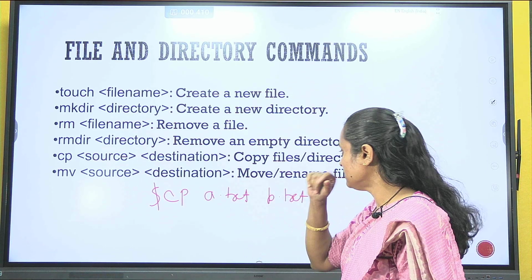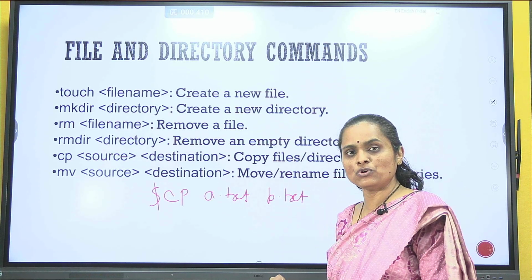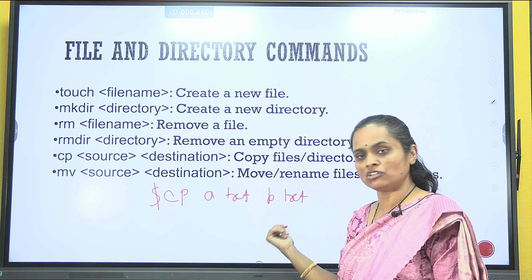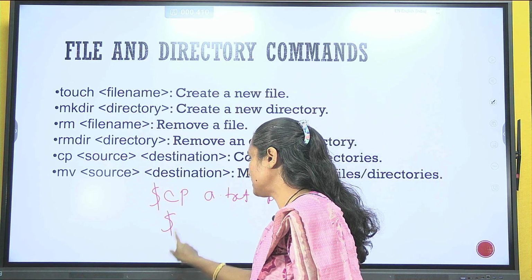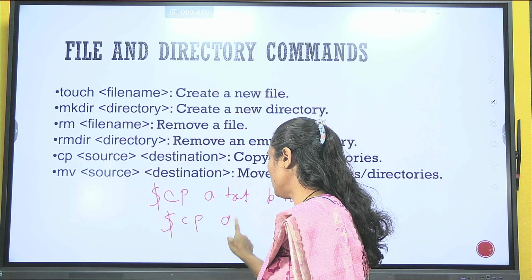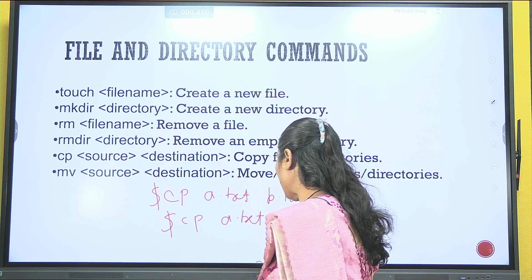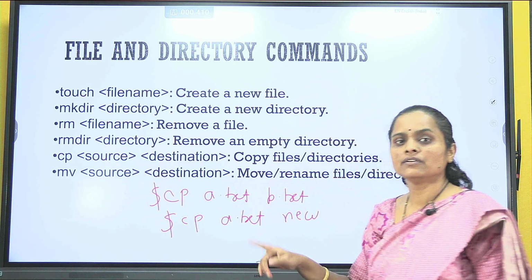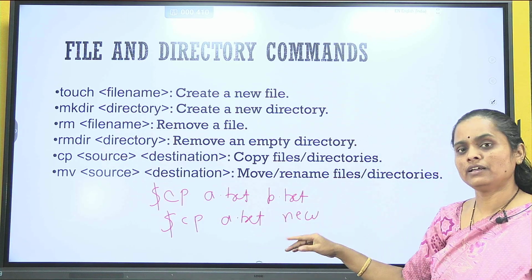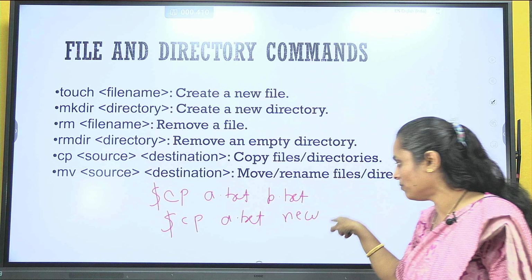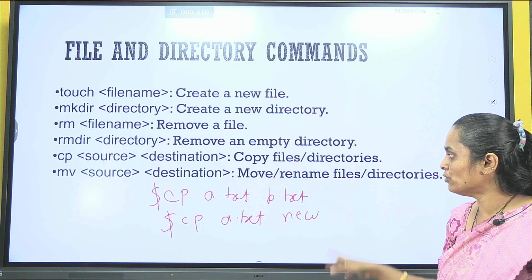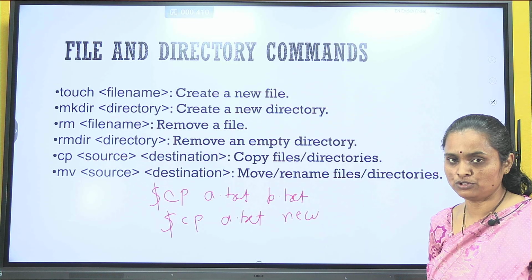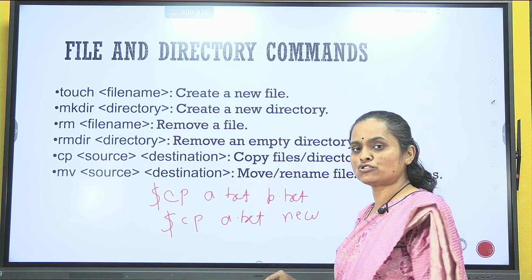You can also copy a file into another directory, like $ cp a.txt and then the directory. Say new is a directory in this path and I want to copy this file to new, then it will be a.txt to new.